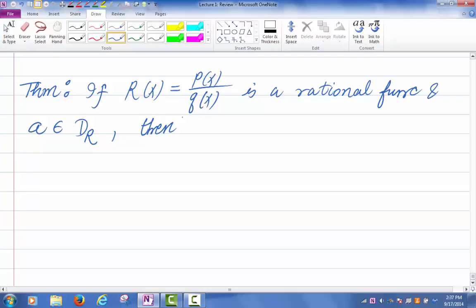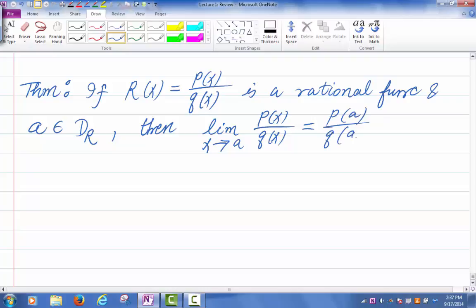For a rational function, a is in the domain as long as the denominator is not 0 at a, right? So then we could say that the limit as x goes to a of this rational function is simply plug in a for x. Is everybody okay with that?